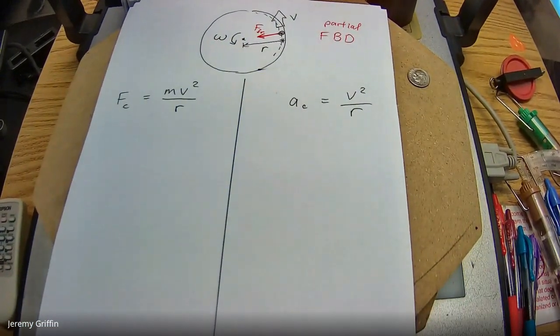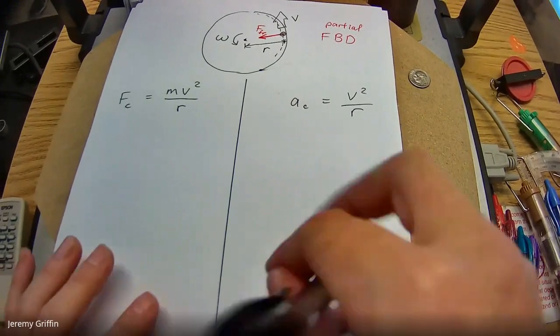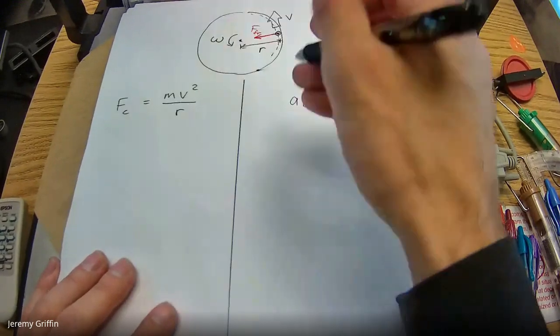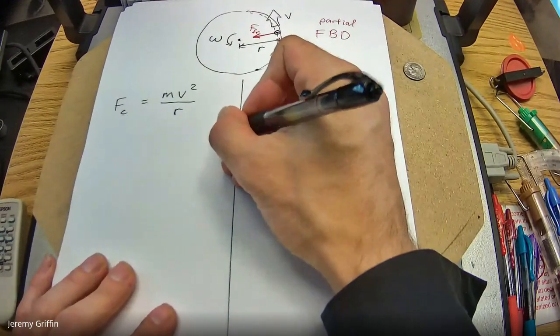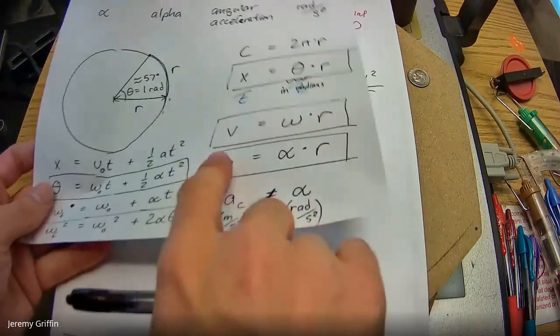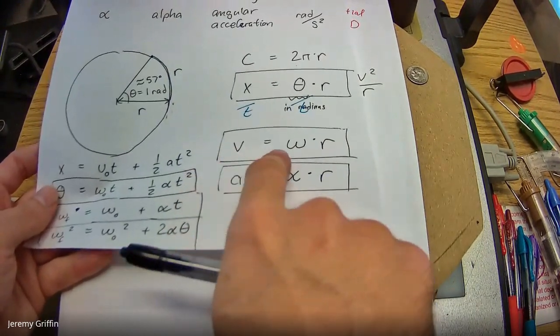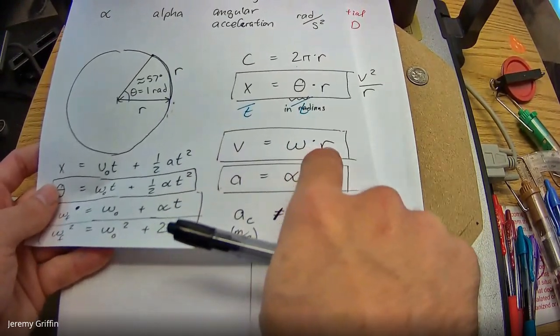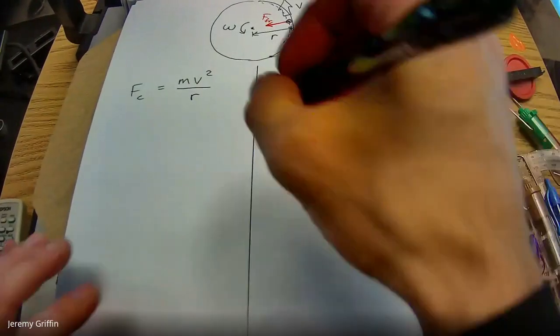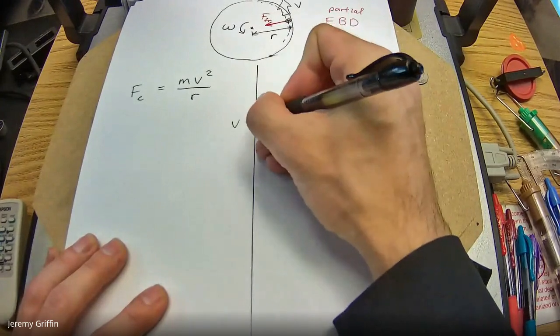I want to relate this to the spin rate. Could I figure out each of these knowing an omega value? Do you guys remember from the last page of notes that the linear speed is equal to spin rate times radial distance, v equals omega r?